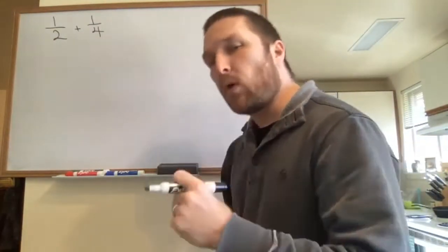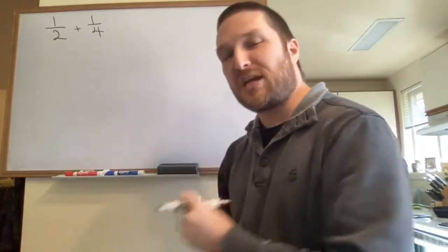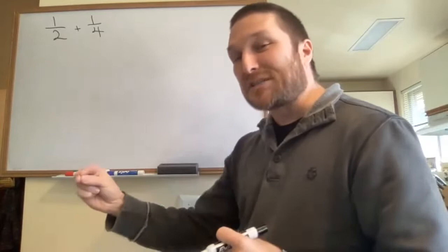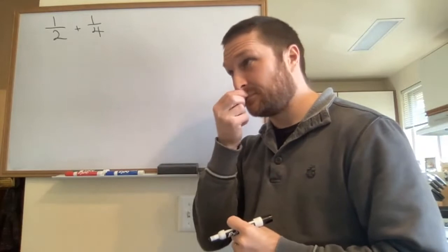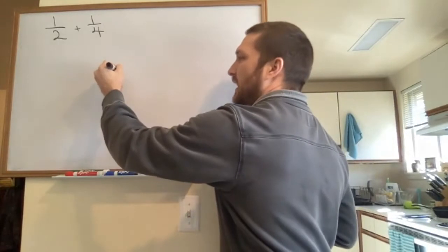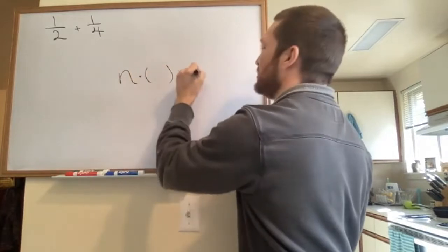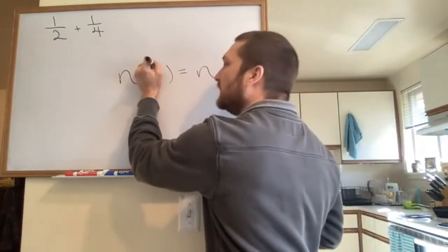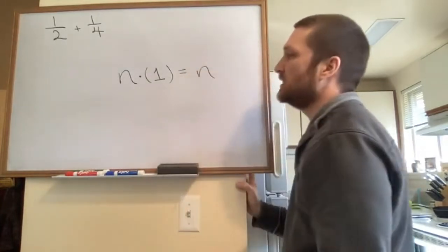In other words, I want to multiply by something, but I don't want to change the value. What's the only number that I could multiply something by and not change its value? Two. Wait a second. What? I want to multiply it by something, but I don't want to change its value. 1. 1 is the only number I could multiply something by and not change the value.